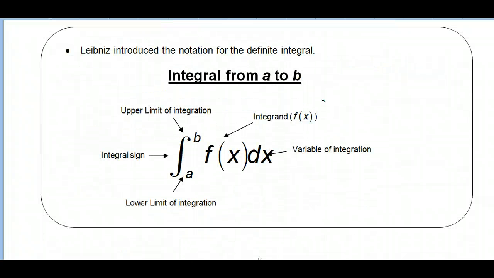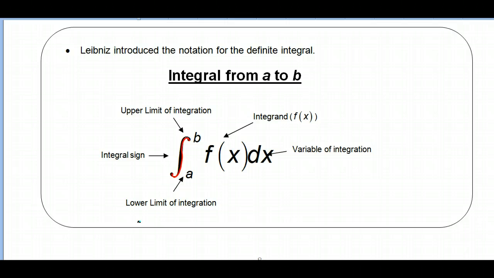So here is our integral notation. We saw a little bit when we did the trapezoidal rule, but I want to look specifically at what all the pieces mean. First of all, you'll see the integral sign. It's an elongated S. So this means take all the sums, representing the sum of all the rectangles. Now we have two bounds.